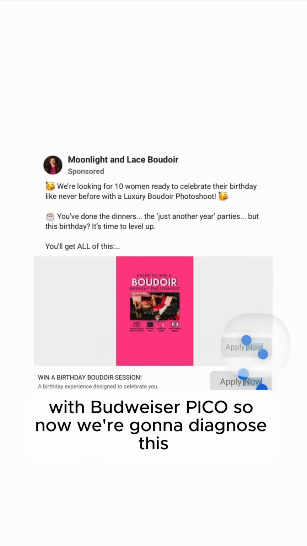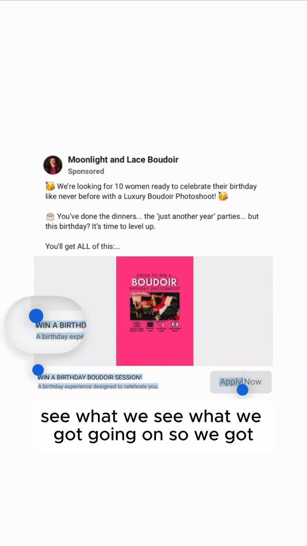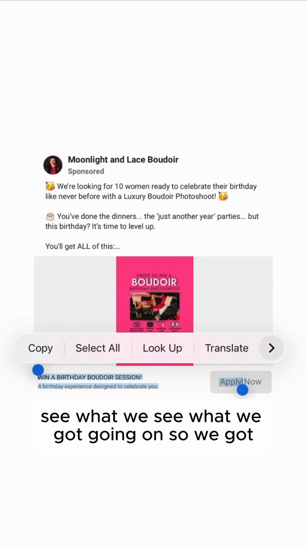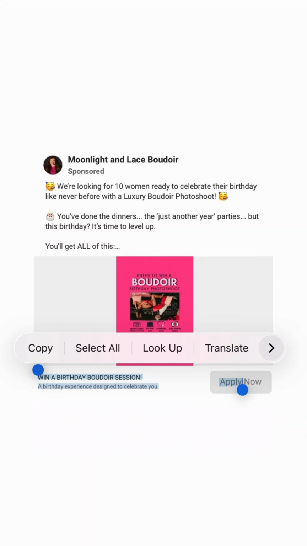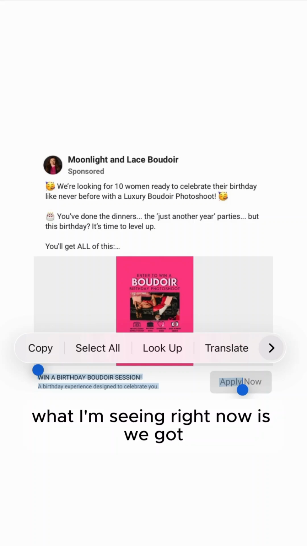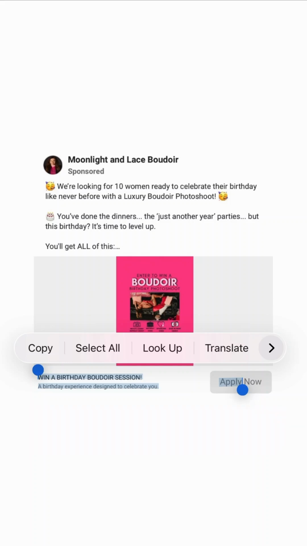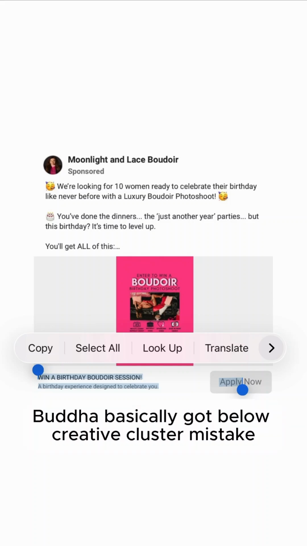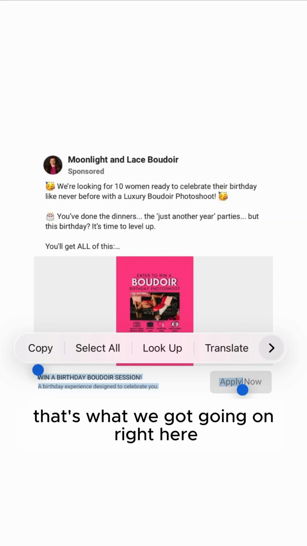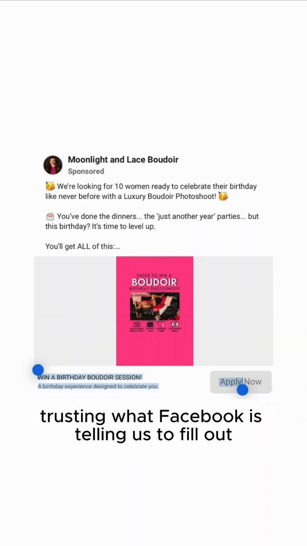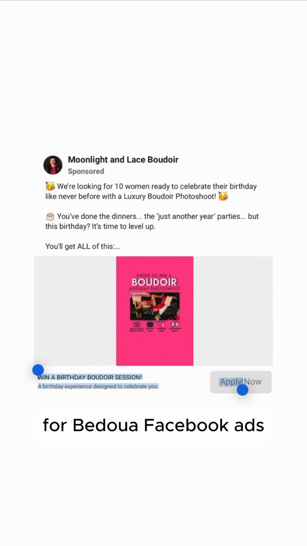So now we're going to diagnose this, see what we got going on. Here's what we got. What I'm seeing right now is we got below creative cluster mistake. That's what we got going on right here. So we're actually trusting what Facebook is telling us to fill out for our Boudoir Facebook ads.